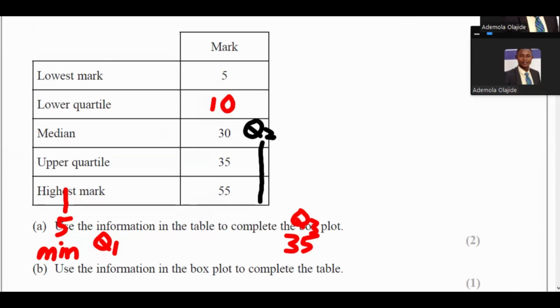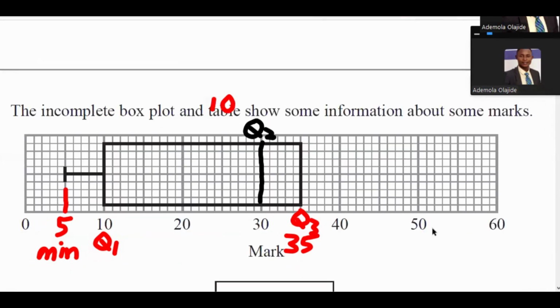You go to the graph and check where 55 is located. It is located here, so you trace the tail like this. This is 55, and that's the maximum, the highest mark.